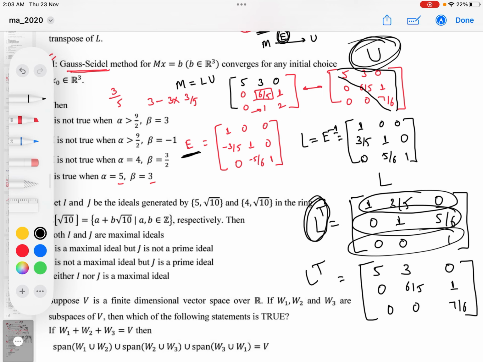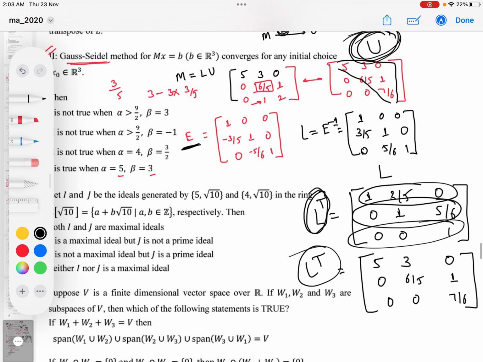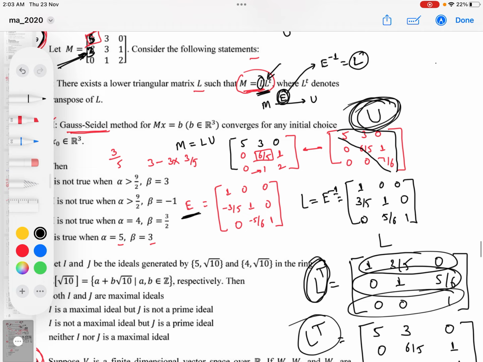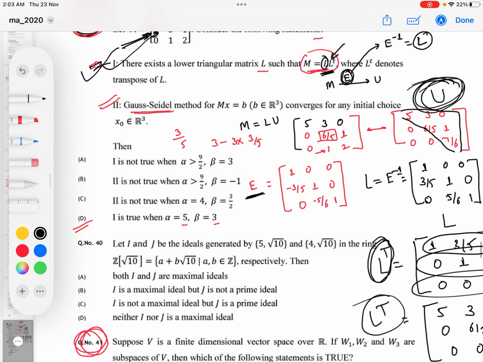Now you see that this L transpose and this U are the same, right? So statement 1 is correct, so this option is correct.